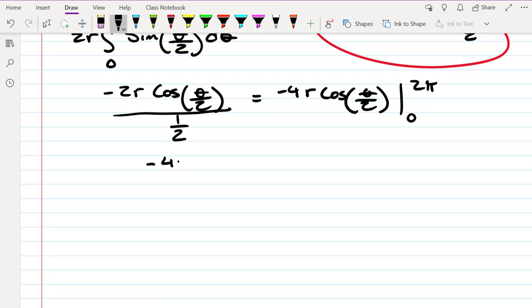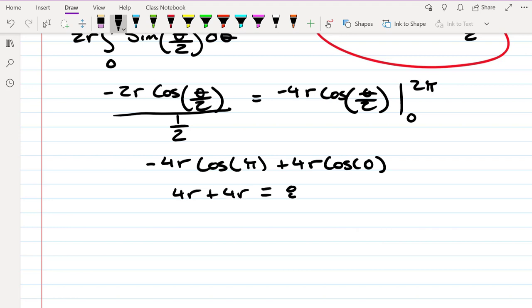So then that gives us negative 4r times the cosine of 2 pi divided by 2, which is just pi, minus, a minus makes it plus, 4r times the cosine of 0. The cosine of pi is negative 1, so we get 4r, and the cosine of 0 is 1, so we get another 4r. So at the end, we end up with 8r being the arc length of this.